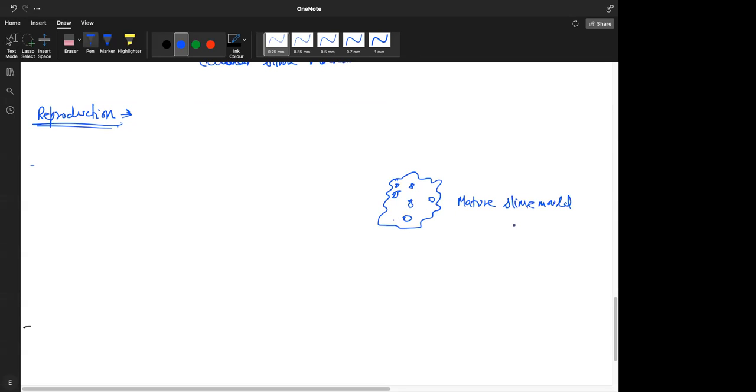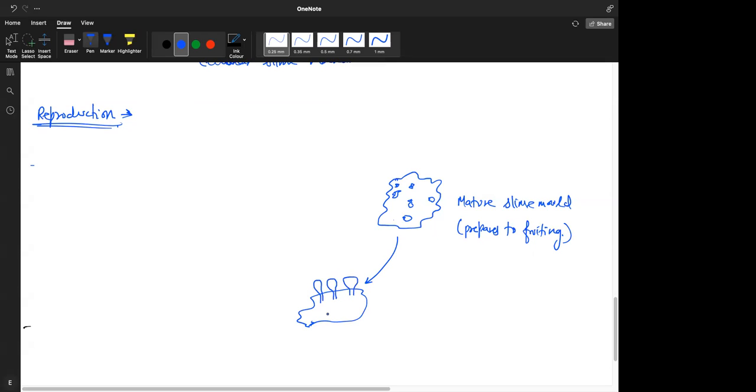Okay. Now, when it matures under favorable condition, it prepares to fruit. It's called the fruiting part. Now, what it is fruiting is that it develops into, so it still stays like this slimy substance, but it starts developing these kind of structures on itself.